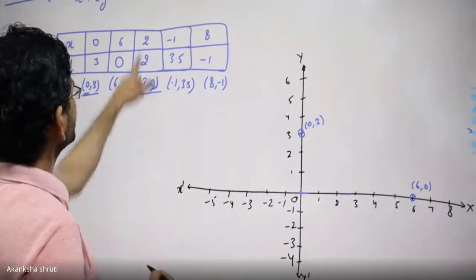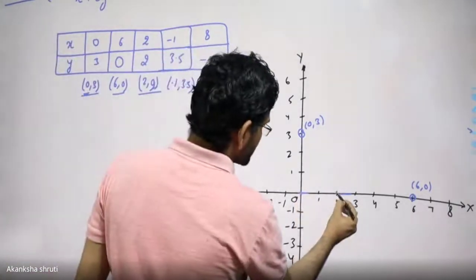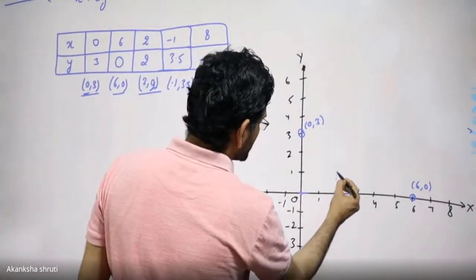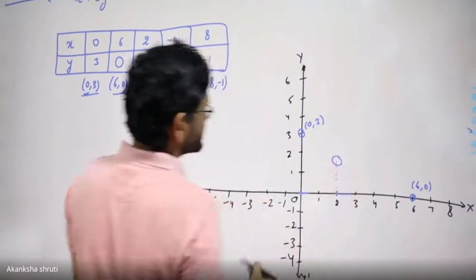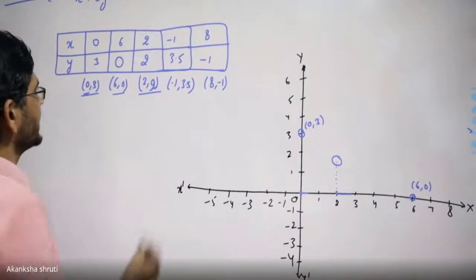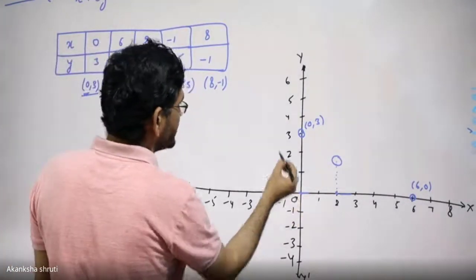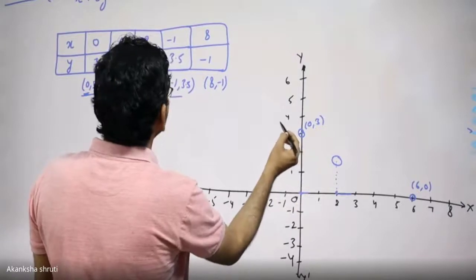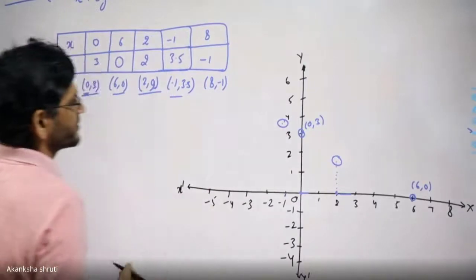Third point, x is 2, y is 2. So when x is 2, come to this 2, then y is also 2. It is positive. So students, to this point, then x is minus 1, means it will be this one. The y value is 3.5. It is somewhere here.